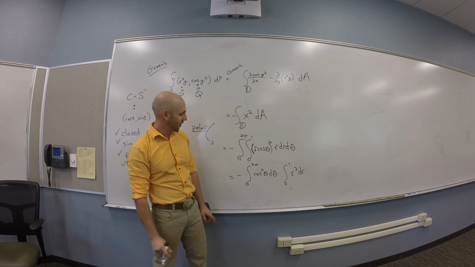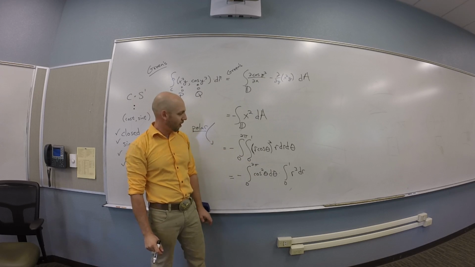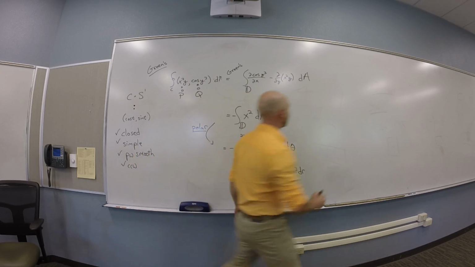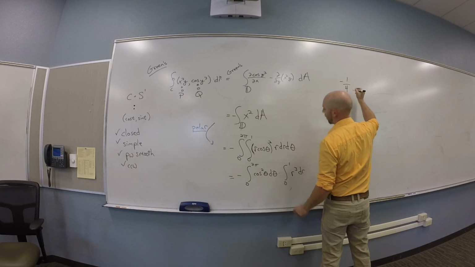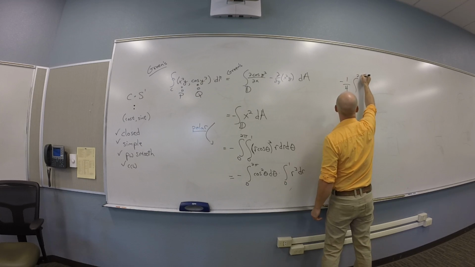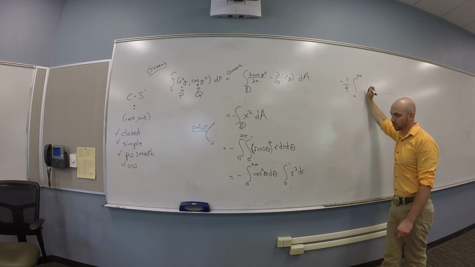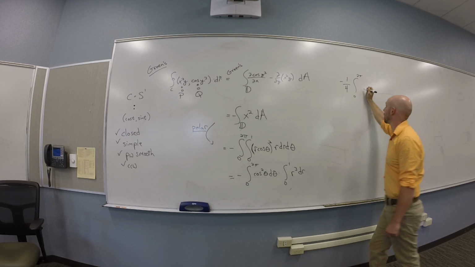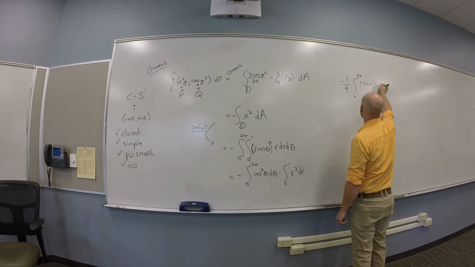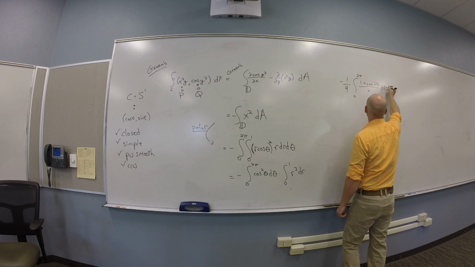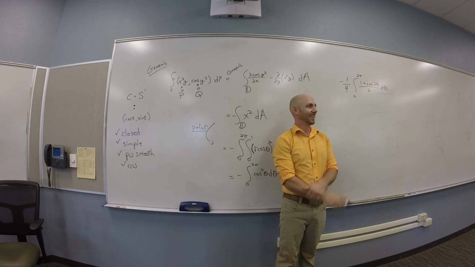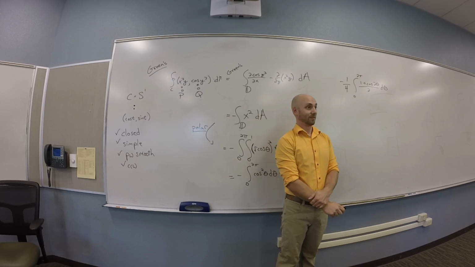Okay, so what's the integral of r cubed dr from 0 to 1? 1/4. So I got minus 1 over 4. And I need the integral from 0 to 2 pi of cosine squared. You could translate cosine squared theta to 1 plus cosine of 2 theta over 2, the half angle identity. And then what's the integral over 2 periods of cosine? 0.